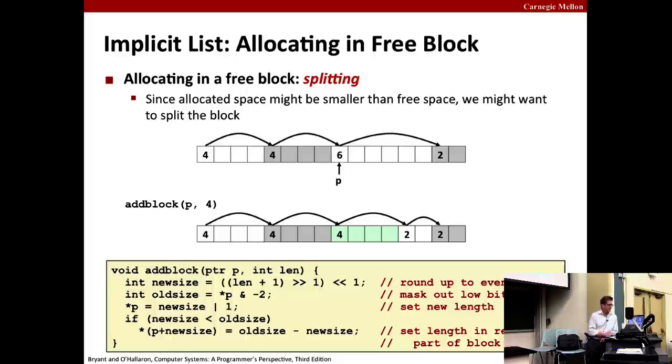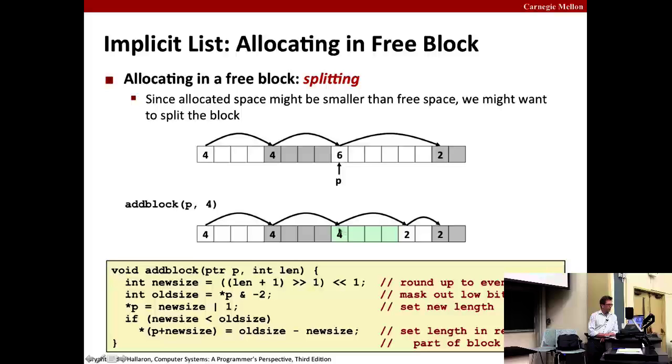So, for example, if the malloc package has determined that in order to satisfy the application request, it needs a block of size 4, including the header, then it would try to find a free block of at least size 4.